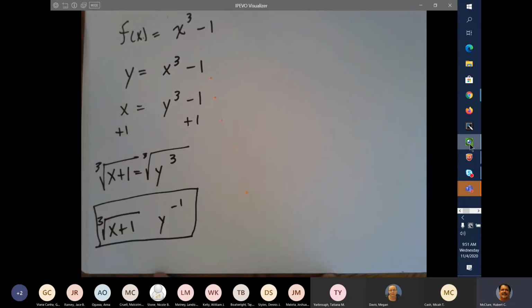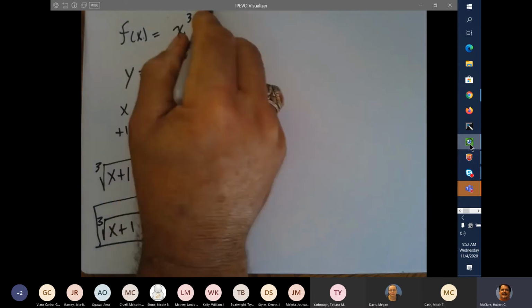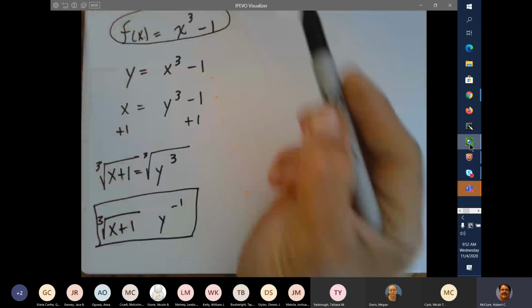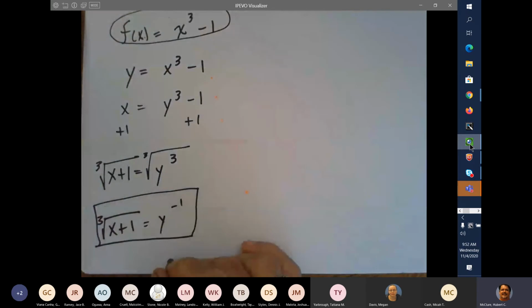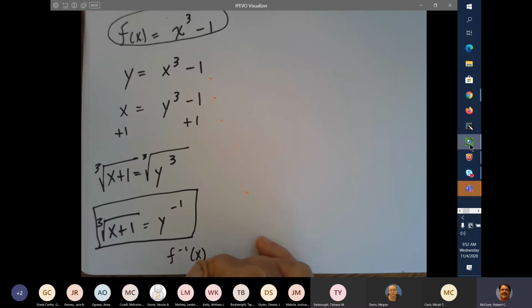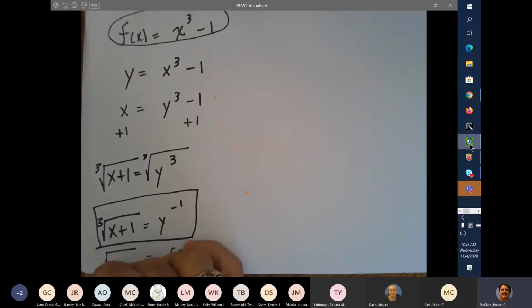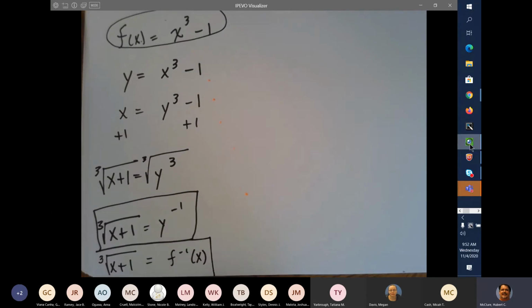And that is a test question. Now, of course, you can graph. You would graph this one as f of x, and you would graph this one, and another way of writing this would be f inverse of x, f of negative 1 of x, is equal to the cube root of x plus 1. That's another way of writing the inverse function.